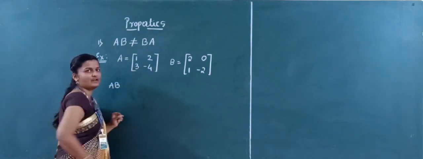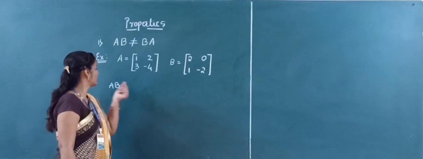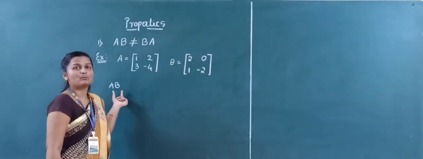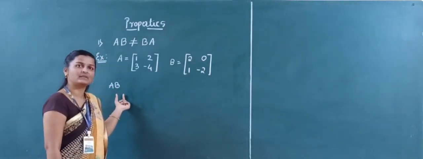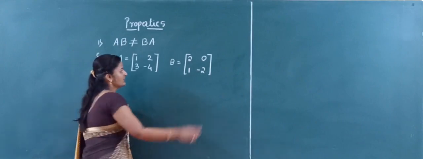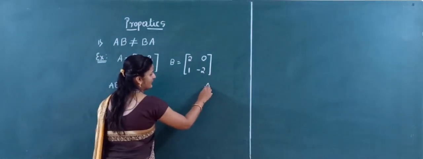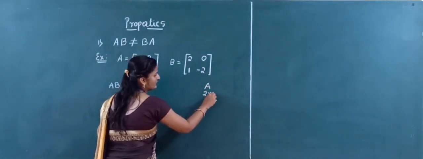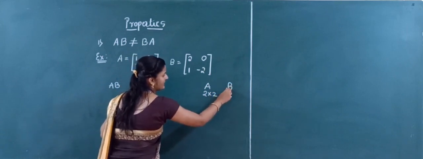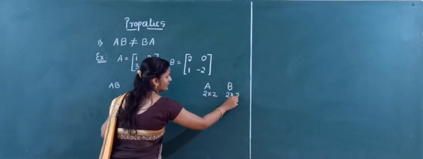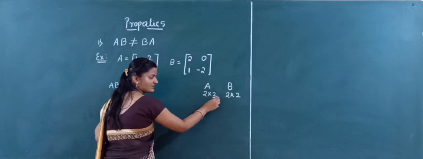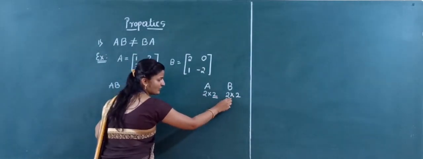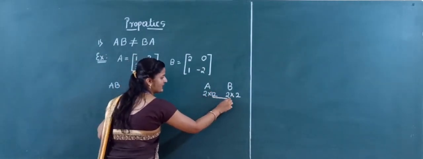Before finding AB, first check whether this AB satisfies the main condition of matrix multiplication. What is that? The order of matrix A is 2 by 2, the order of matrix B is 2 by 2. So the number of columns in the first matrix and the number of rows in the second matrix are both the same.